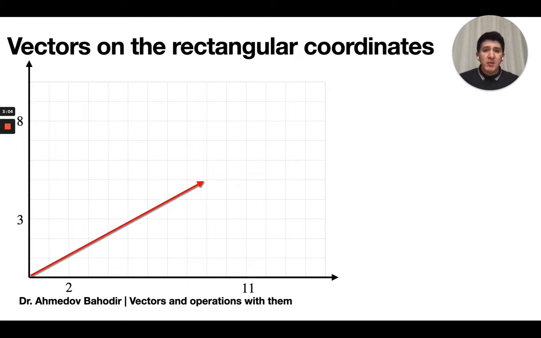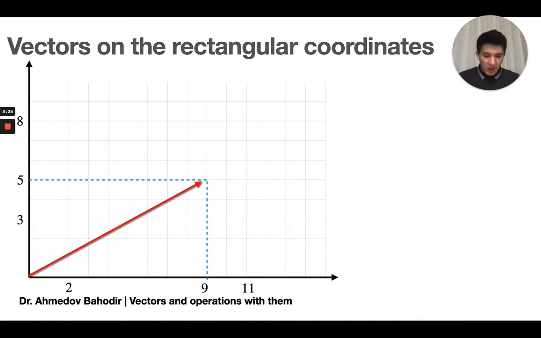Now the question would be, why don't we just always start the vectors from the origin? In that case, we would not need to store the coordinates of the starting point, since all of the vectors start from the origin. Moving vectors towards the origin is very easy. We just need to subtract the starting point from the ending point.